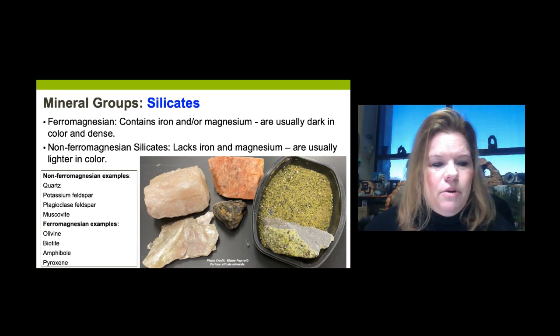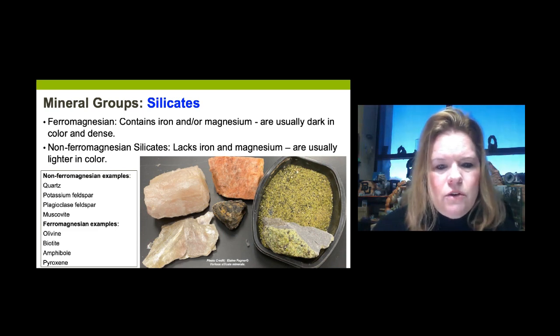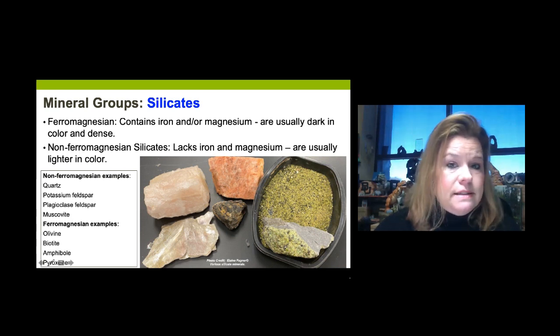So what are some examples of non-ferromagnesian minerals? Quartz would be your case in point. So this is a good piece of quartz right here. This is potassium feldspar. And plagioclase feldspar looks just like this. It's just kind of a milky white color. Muscovite, which is this stuff right here. Then your ferromagnesian example.